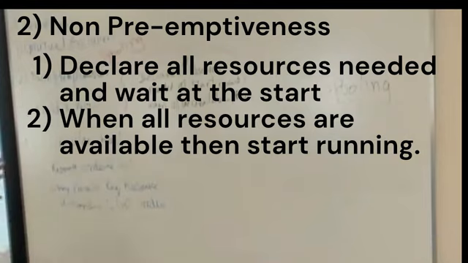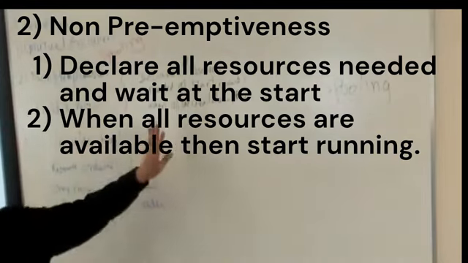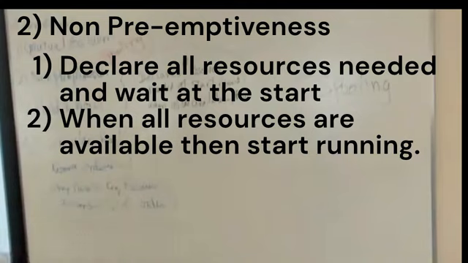So if you need 3 files and 3 printers and we don't have them, we say, wait, somebody's using the printer. We have 5 printers, but 3 of them are being used. So one of them became free, you bring it, now we have 3 printers, we give them to you and you can start running. You will never be interrupted. Why? Because you have everything. You continue until you finish without interruption.